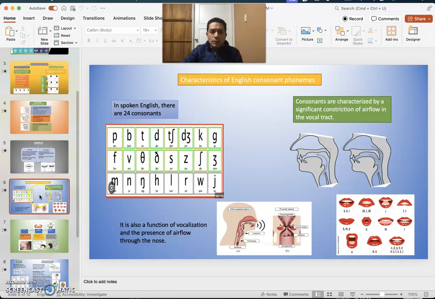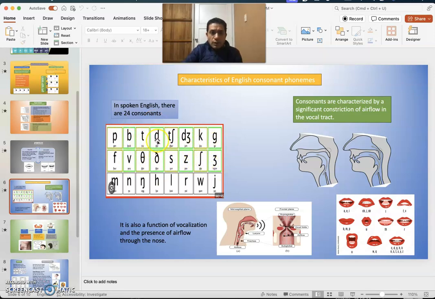Let's continue with the characteristics of English consonant phonemes. Consonants differ from vowels because they have different phonetic features. In spoken English, there are 24 consonants, as you can see in the picture.